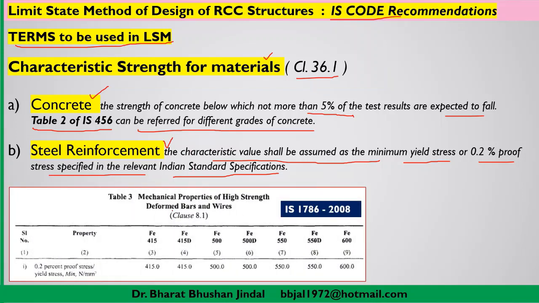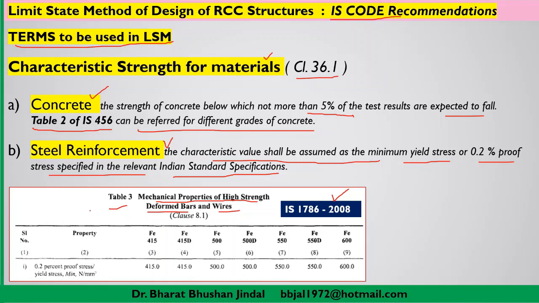Now let us go through Table 3, and this code is IS 1786, 2008 version. Table 3 gives us information regarding the mechanical properties of high strength deformed bars and wires, which we are going to use in the design of RCC structures. Earlier there was mild steel, but nowadays we are not using mild steel in RCC structures.